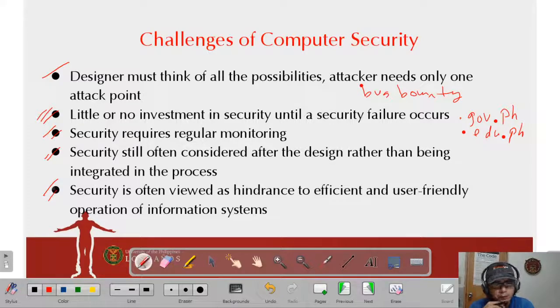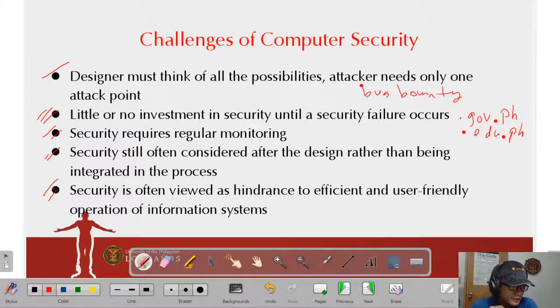And another example of this is the choice of password. Right? It's always suggested that when you create your password, it should be a combination of uppercase, lowercase, numbers, and symbols. It should not be your birthday.